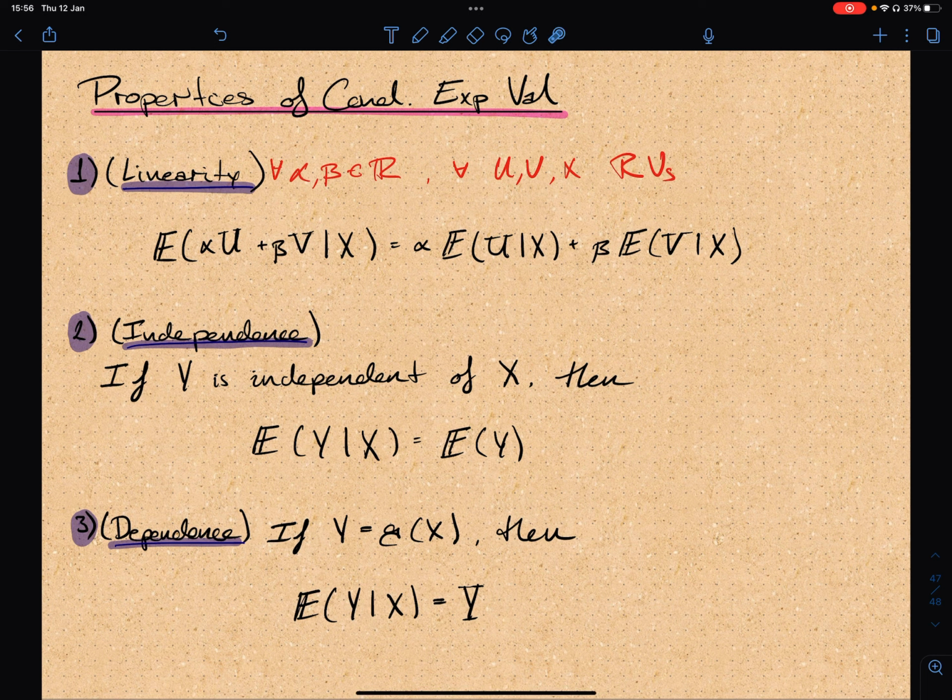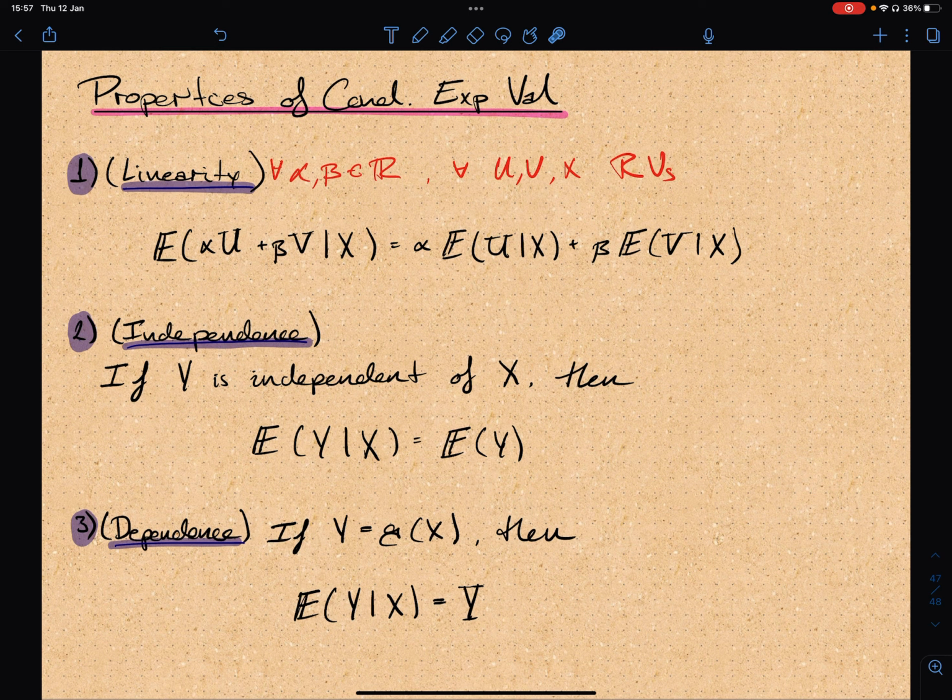The other two properties are actually not properties of plain expected value, because you really need the conditioning on other variables. But before I go to those other two properties, I'm not proving these properties, but there are two ways that you can prove them.